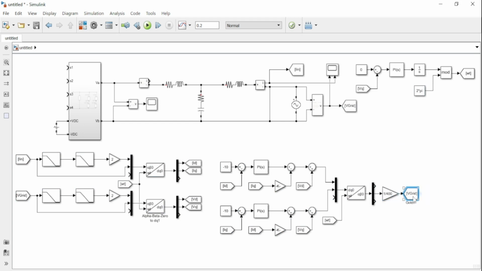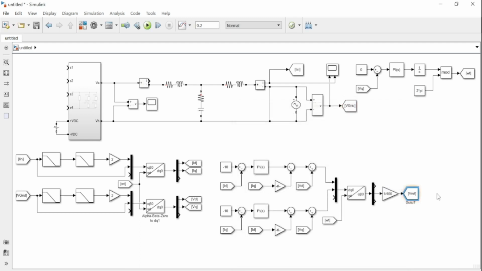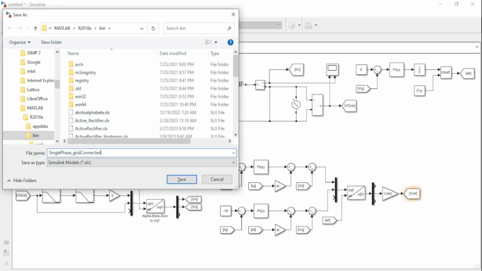Using the beta value, we generate the reference voltage for the pulse width modulator. Let's save the model before we lose the data.